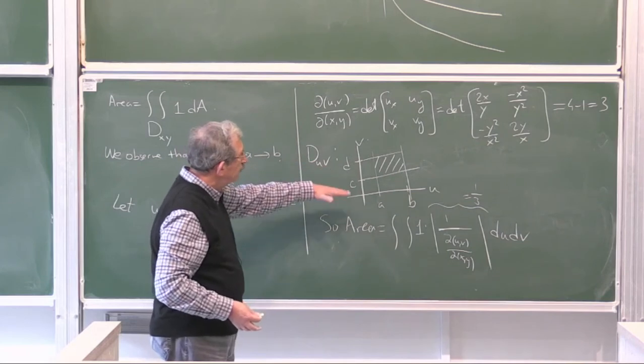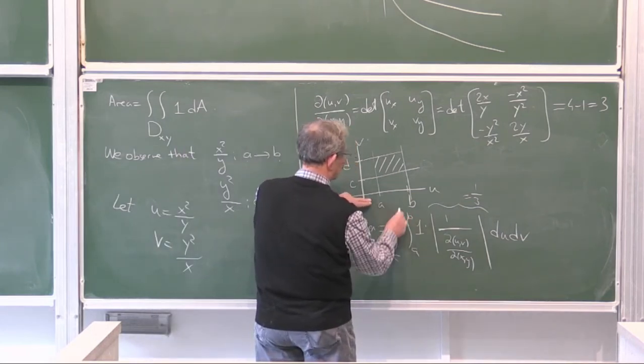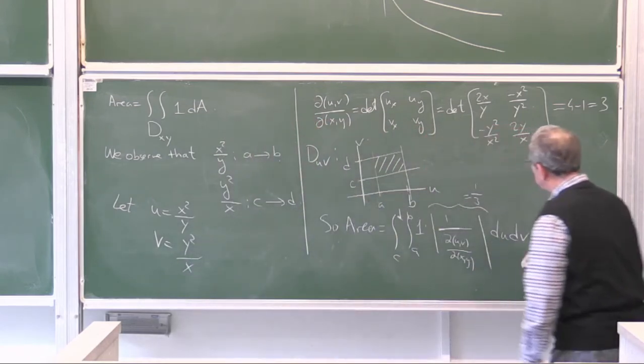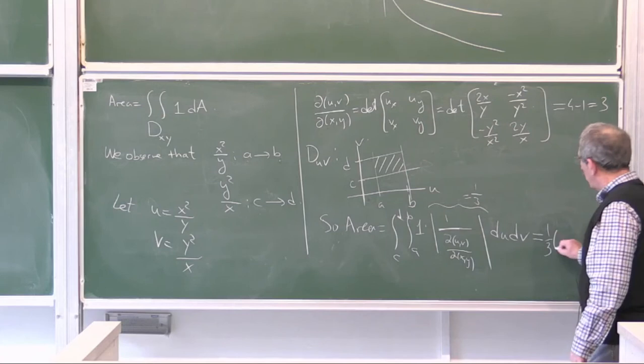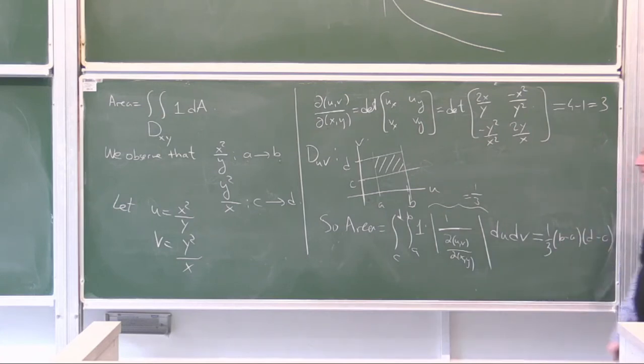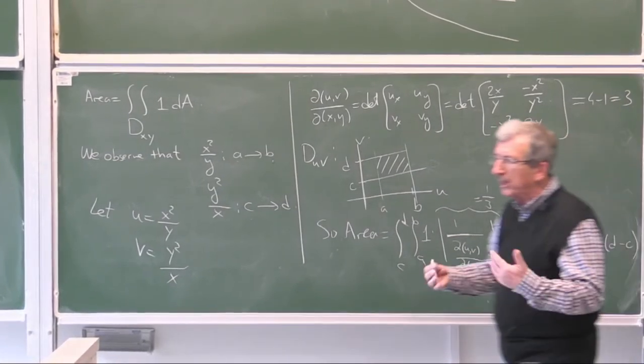And u changed from a to b, and the other one, c to d, because this is a rectangle. Well, all in all, it tells me that I have 1/3 of (b minus a) times (d minus c). So it simplified the calculation quite a lot by changing this region into a rectangle.